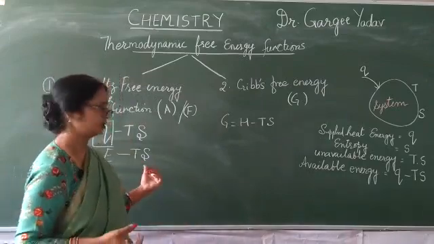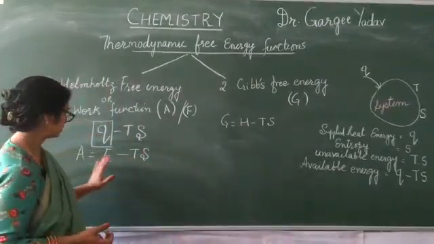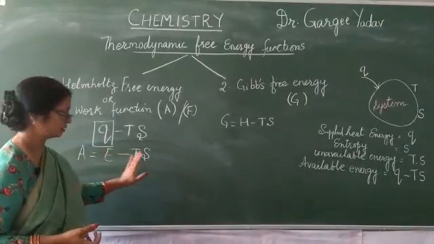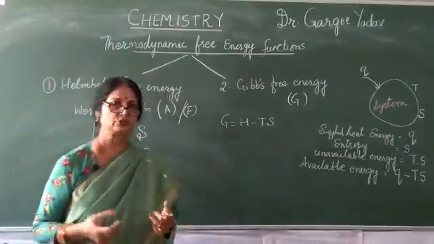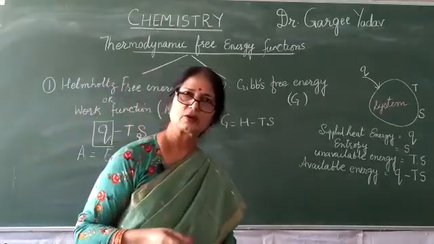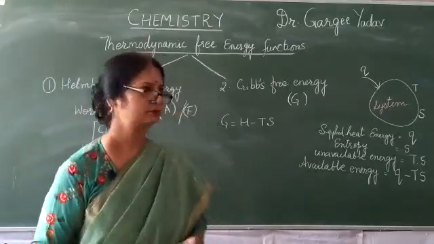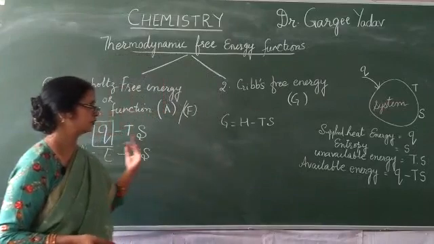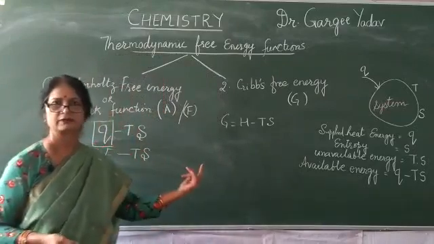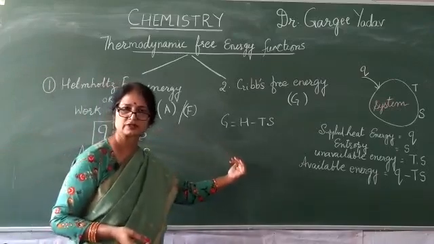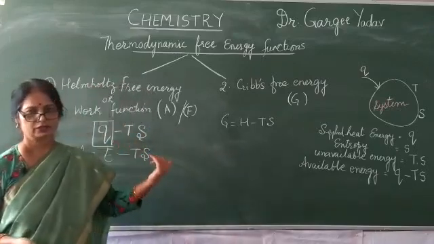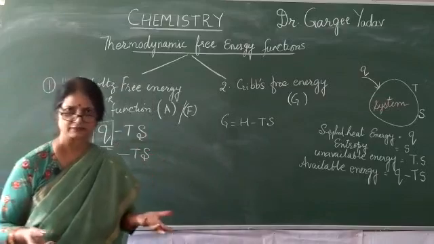Since E, S and H, all the quantities used to define them, are also state functions, both the Helmholtz and Gibbs free energy functions are state functions, and moreover they are extensive properties also.